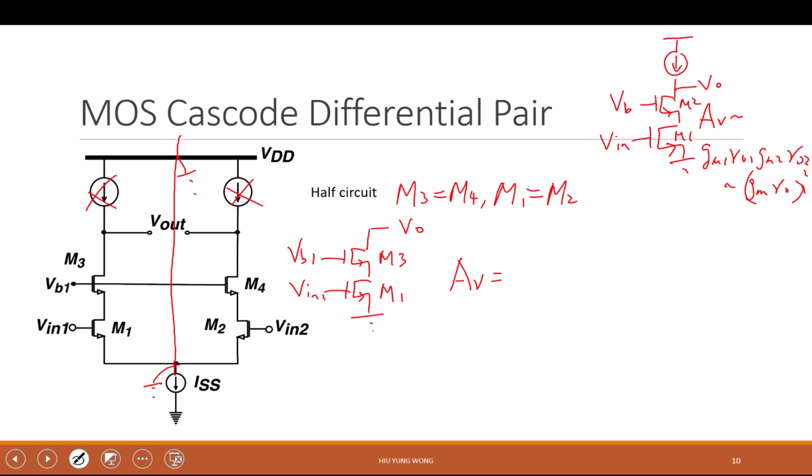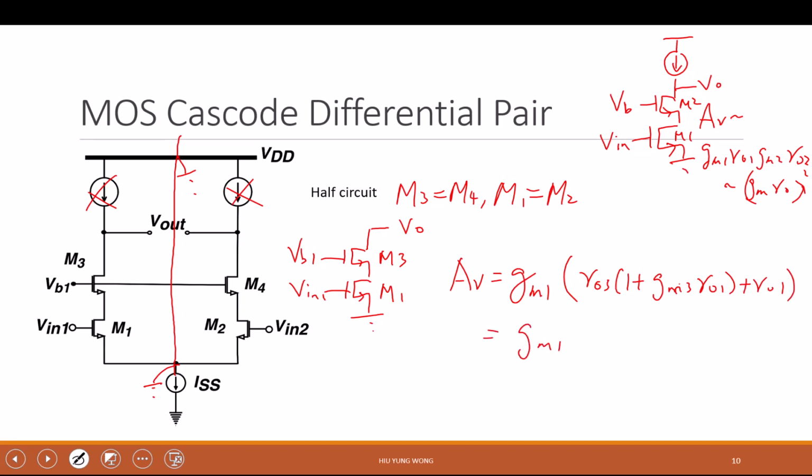If you want to have the full gain, it is GM1 and then the total resistance. Actually, this one is still not the full gain because our GM1 assumes that there's no channel length modulation, if you remember. But a more complete one will be, then the output impedance will be RO3 times 1 plus GM3 RO1 plus RO1. But no need to memorize this, right?